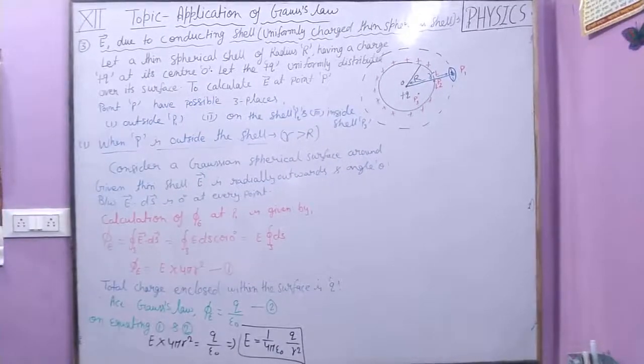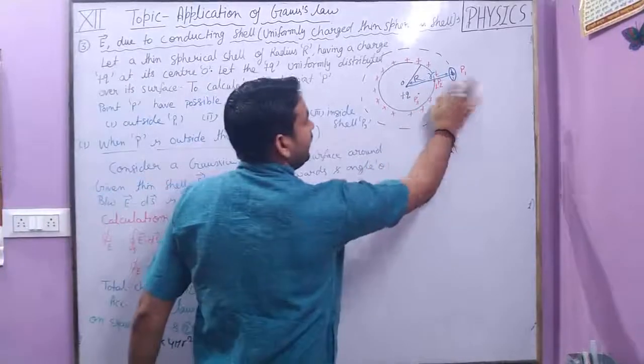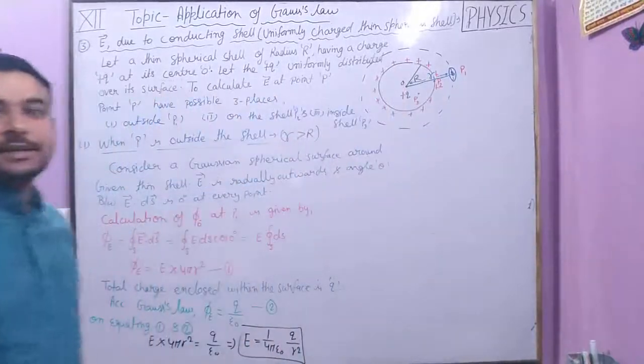So this is how we calculate the electric field when the point P is outside the spherical cell.